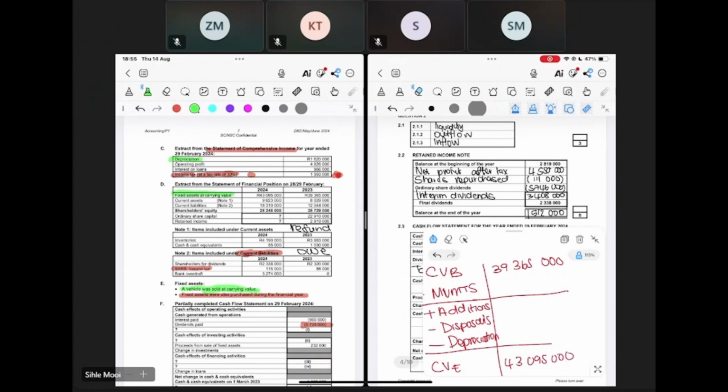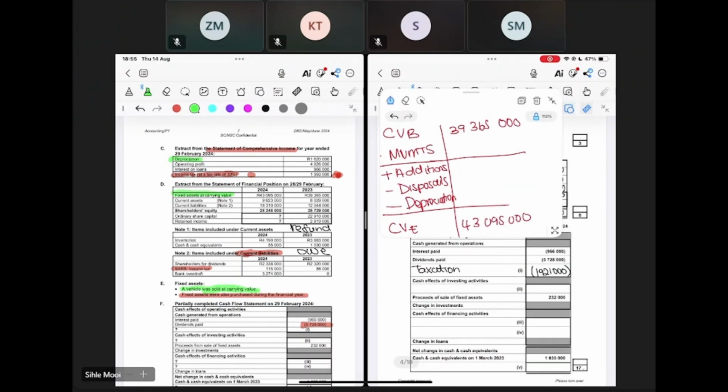Then we're also given what our disposals were, here they are, 232,000, so we minus the 232,000. And then depreciation as well was given as 1,620,000. So you see, most of the items have been recorded except for additions. So what we need to calculate there is additions.